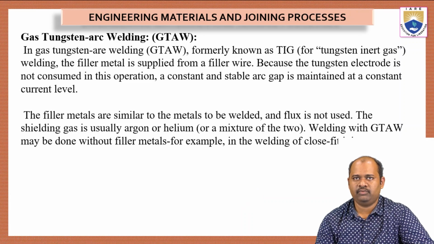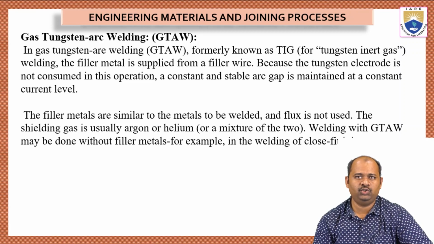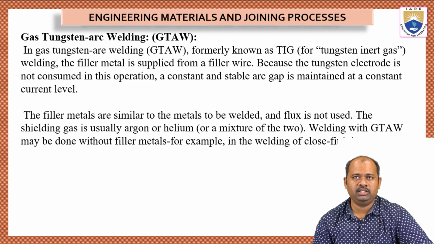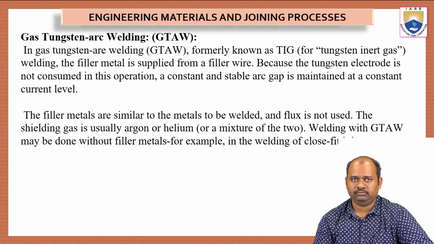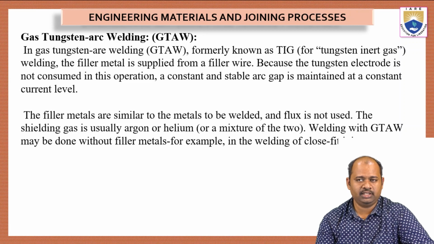So in gas tungsten arc welding, formerly known as TIG, the filler metal is supplied from a filler wire. Because the tungsten electrode is not consumed in this operation, a constant and stable arc gap is maintained at a constant current level. The filler metals are similar to the metals to be welded, and flux is not used in this process.